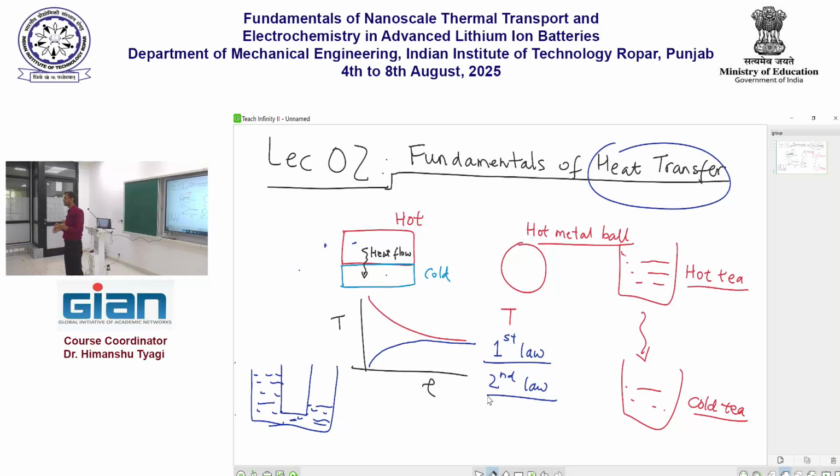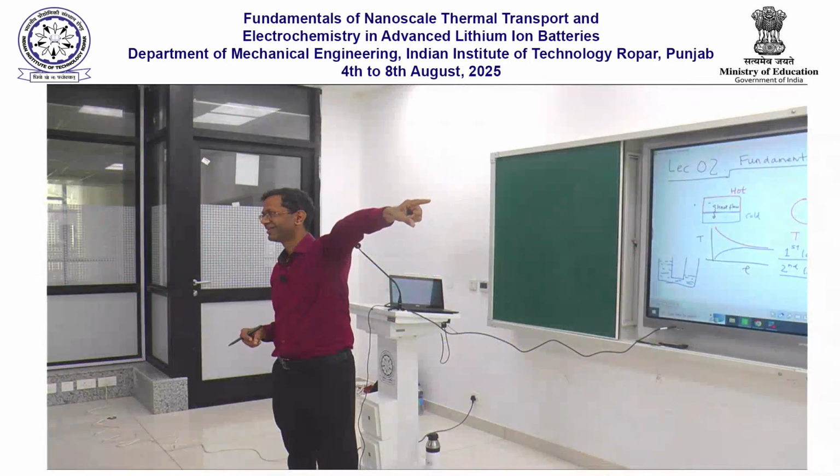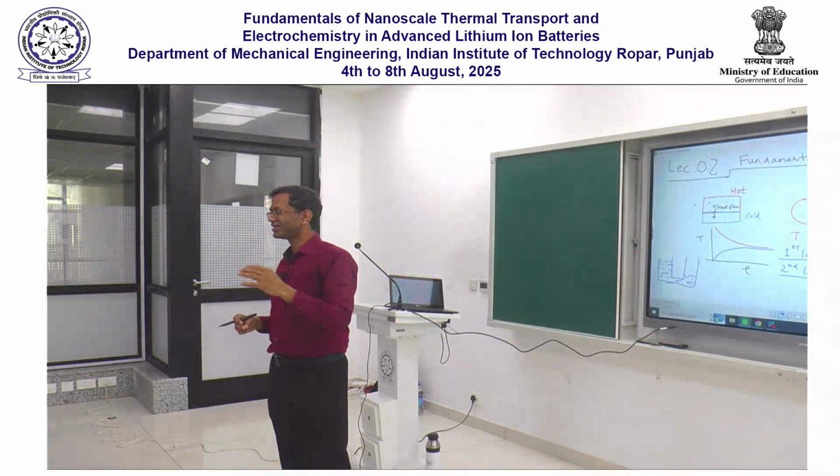If I do nothing, what will happen as the day passes? This room will heat up because of the heat outside, right? But we want it to happen the other way around, right? For our own comfort, we want to remove heat from the cold body, the room, and reject it to the hot body, right? Sink to source rather than source to sink, right?